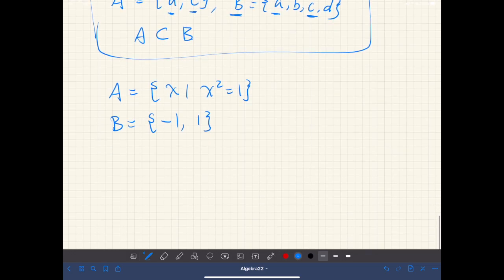In this case, this set A is actually the solution of the equation x squared equal to 1, which is -1 and +1. So these two sets are actually equal. Every element of A, -1 and 1, is an element of B, and vice versa, every element of B is an element of A. So these two sets are equal.